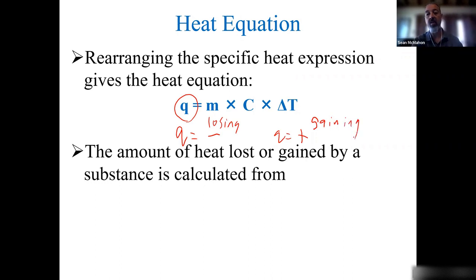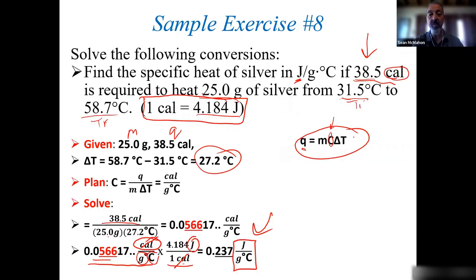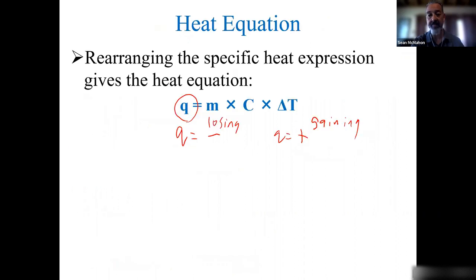Okay, so in the previous problem, they're saying find the specific heat of silver required for silver to go from 31 up, so we can see that there's an increase in temperature, so that was gaining or absorbing the heat, right? So that's why your Q here is positive, because it's a gain.